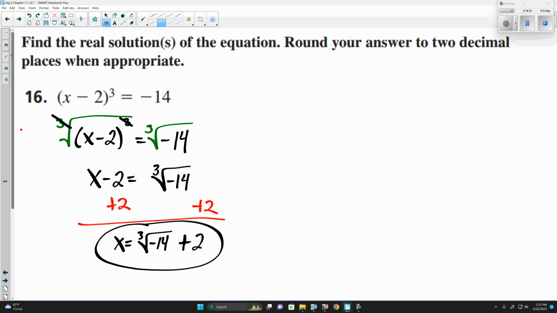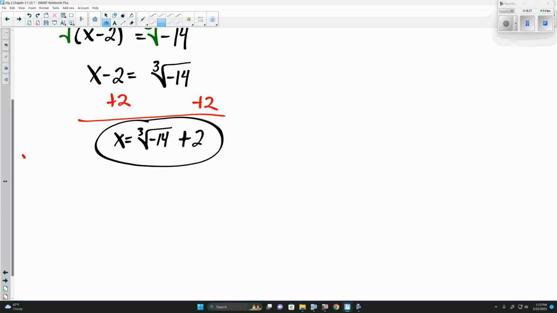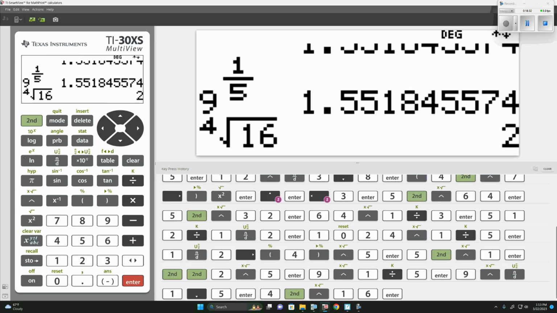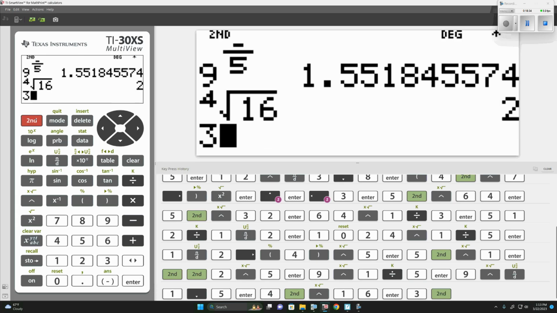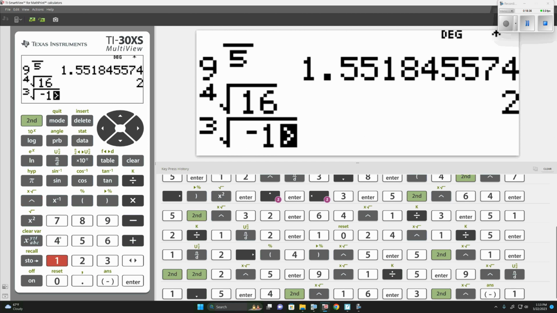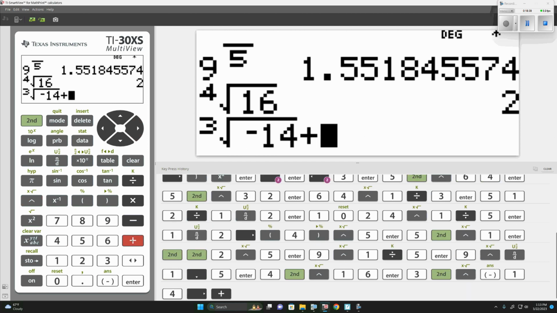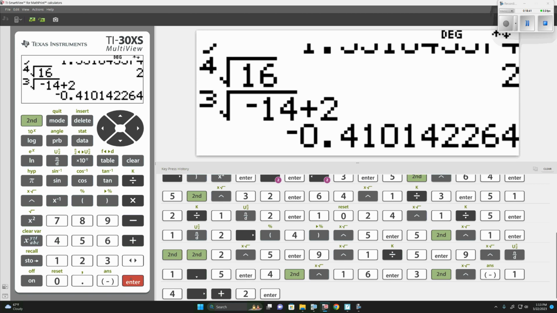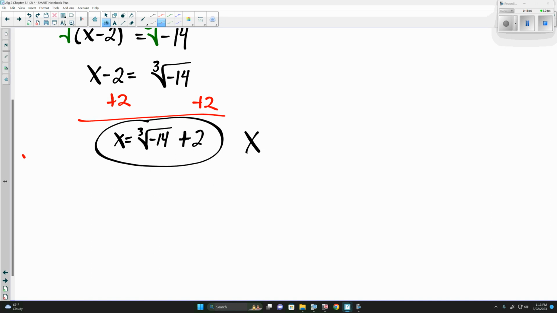Find the real solutions of the equation, rounding your answer to 2 decimal places. So if we're going to round this, I always wait to the very end. So here, we have the cube root of negative 14 plus 2, which is negative 0.41.